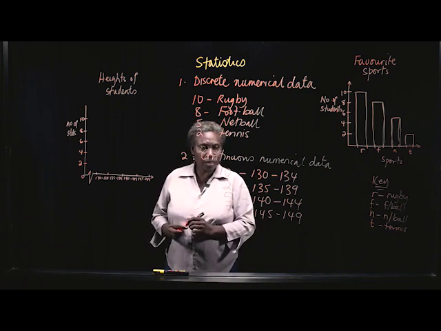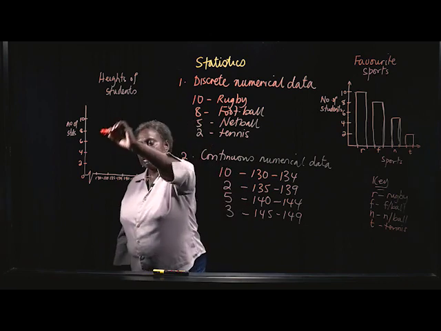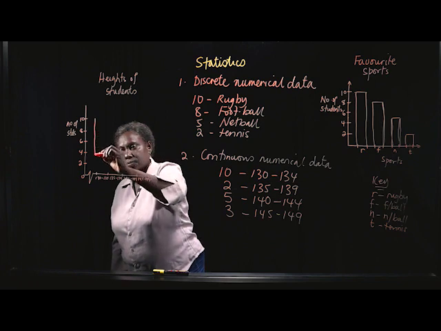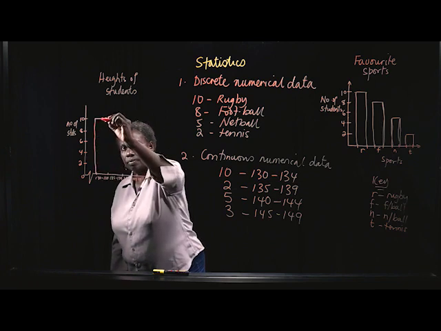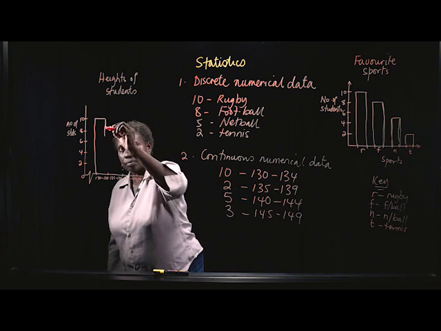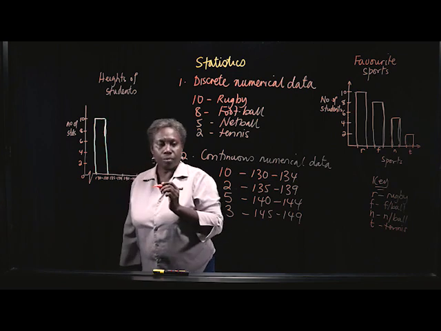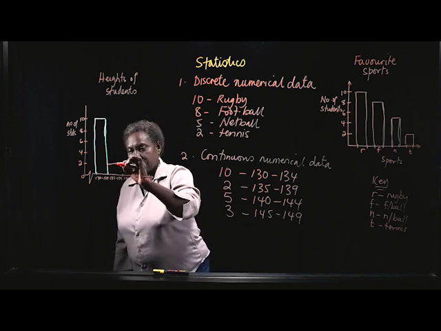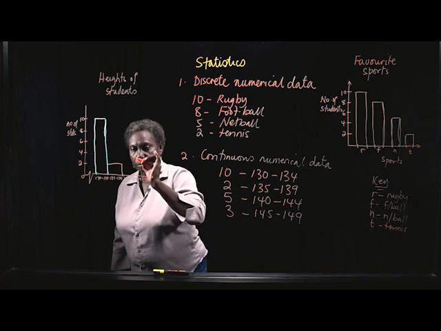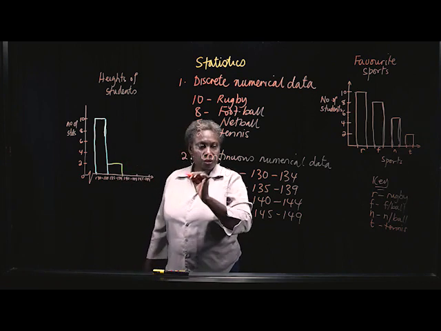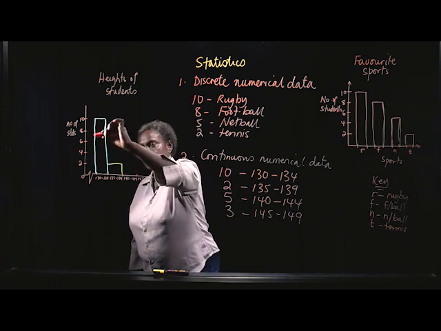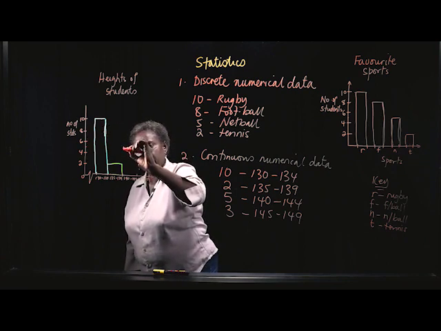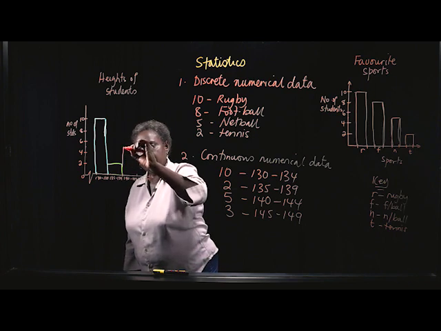Now, for 130 to 134, we have 10 students. From 135 to 139, 2 students. 140 to 144, 5 students. 5 will be somewhere in between 4 and 6.